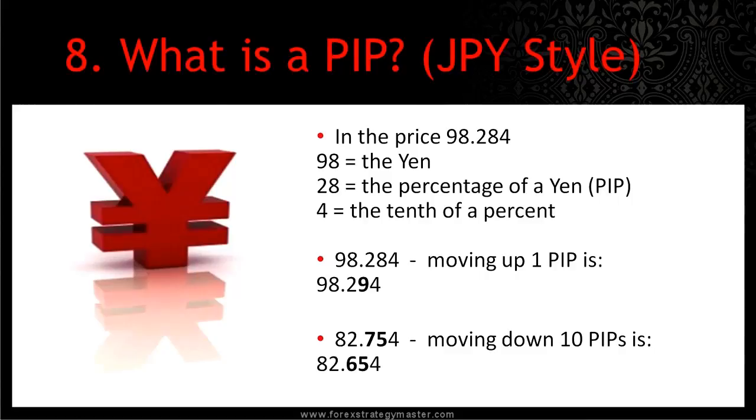Now, if the quote 98.284 moves up 1 pip, it will be 98.294. If it moves down by 10 pips, or in the quote we've got here is 82.754, if this moves down 10 pips, we have 82.654.